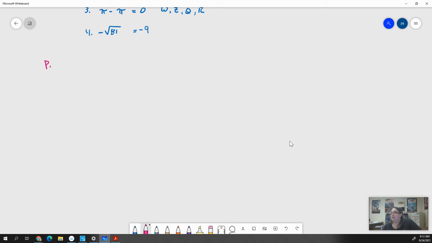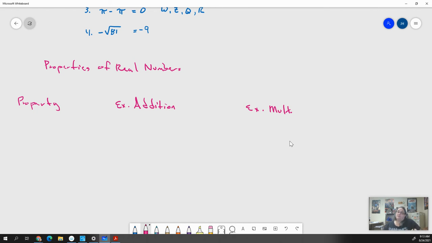So when I talk about properties of real numbers, I like to go with the property, and then I like to give you an example of the addition and an example of multiplication, because it should work a little differently with both.